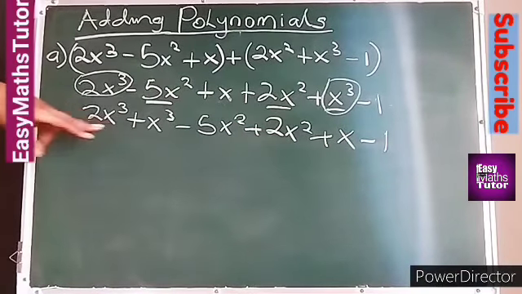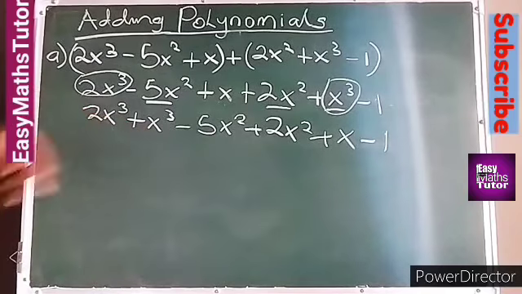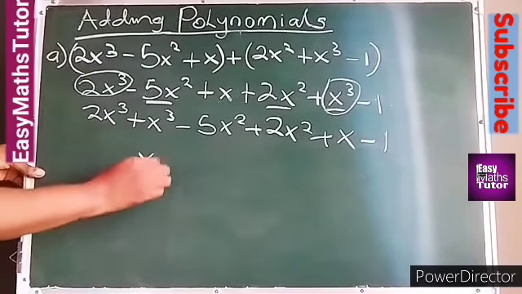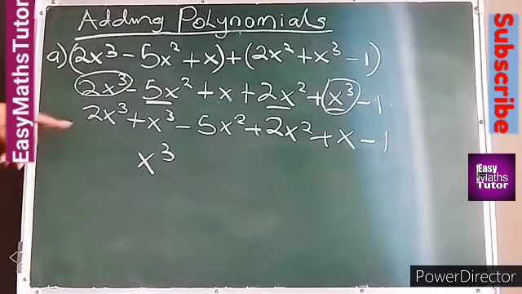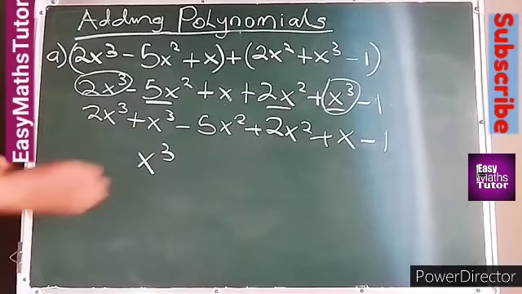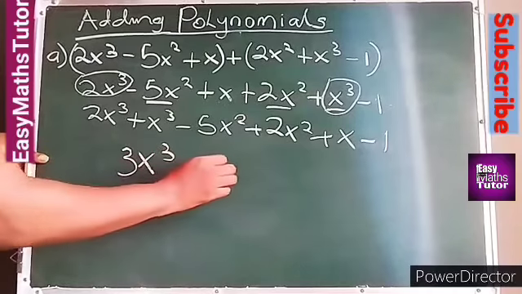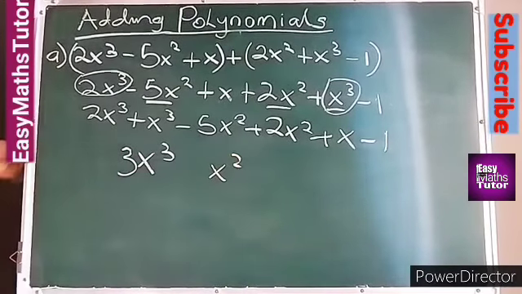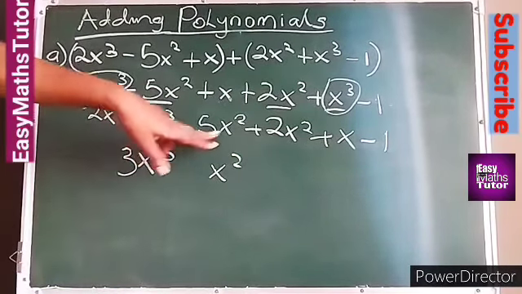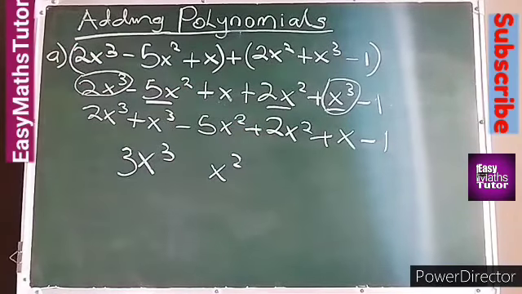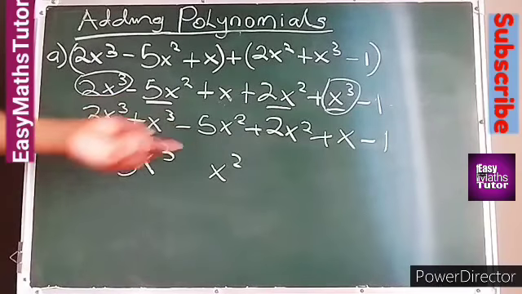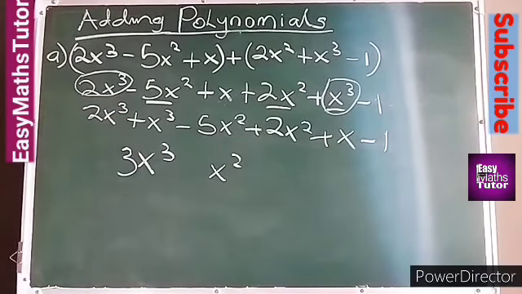Right? So if we're adding up 2x cubed plus x cubed, first of all, just write x cubed. So we say 2 plus 1 will give us what? 3. Then the next term is x squared. So we say minus 5 plus 2. Remember what I said about adding negative and positive numbers? The number that is more negative is greater.